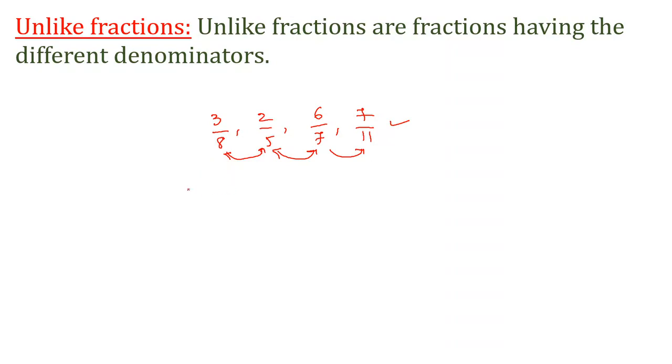Next we can take another example. For this I am taking 3 by 12, 4 by 13, 5 by 17, and 12 by 15. These are all unlike fractions. Here also you observe that all the fractions have different denominators, so this type of fractions are called unlike fractions.